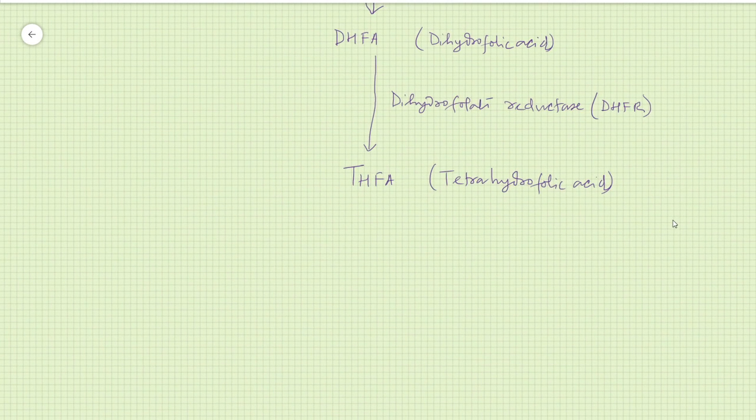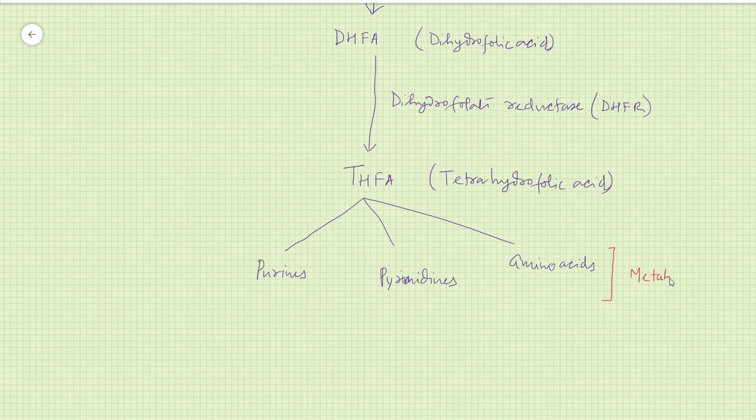And this tetrahydrofolic acid, or folic acid, is used to synthesize purines, pyrimidines, amino acids, etc. These are metabolites.